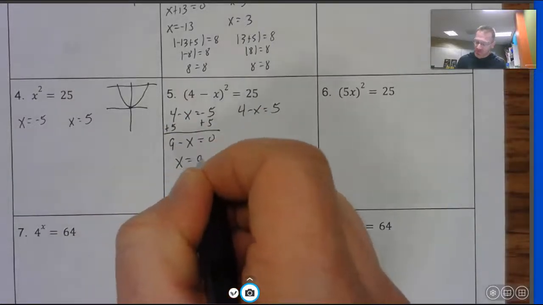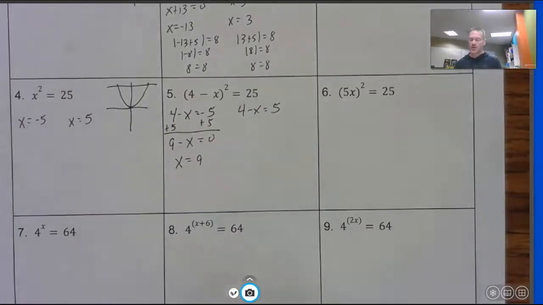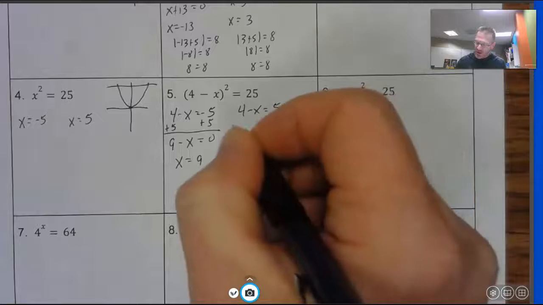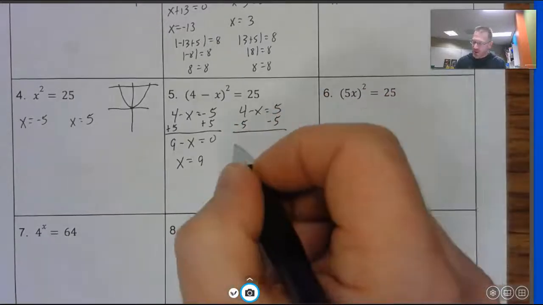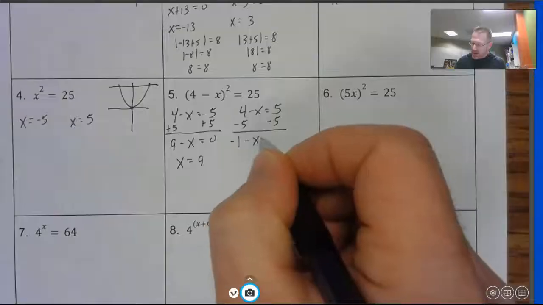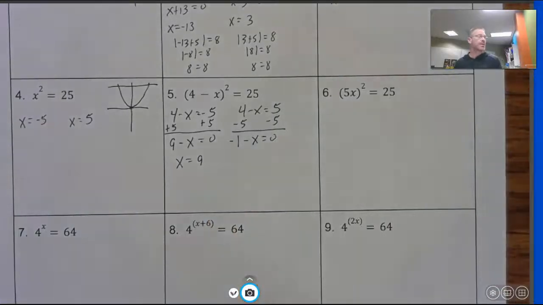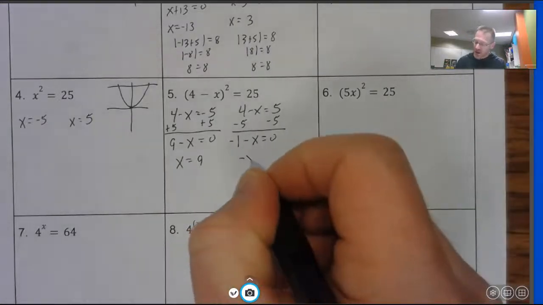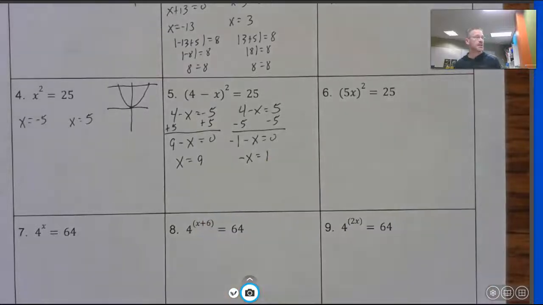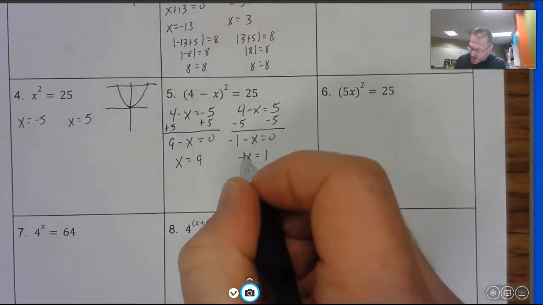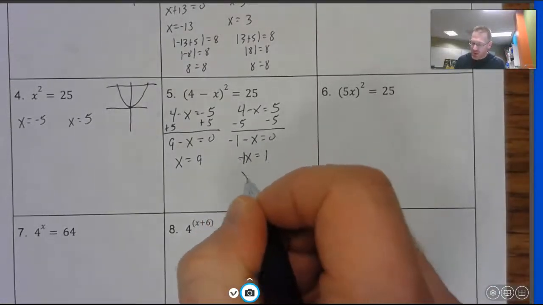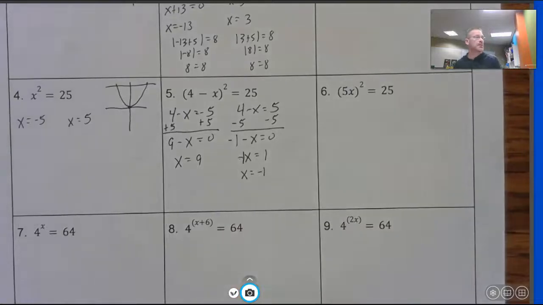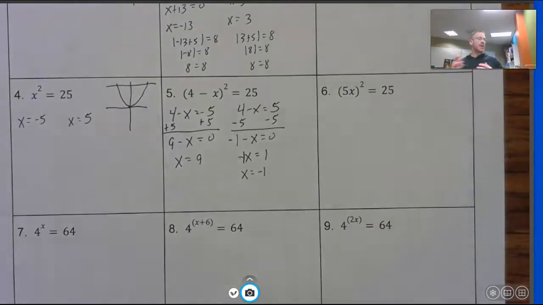And that would be 9. 9 minus 9 is 0. Get this equal to 0. Subtract 5 here, subtract 5 here. All right, so negative 1 minus x is equal to 0. All right, so negative 1 plus what is equal to 0? So negative x would have to be positive 1. And then remember, this is like a negative 1 here. So negative 1 times what is 1? Negative 1. So that's the process here.